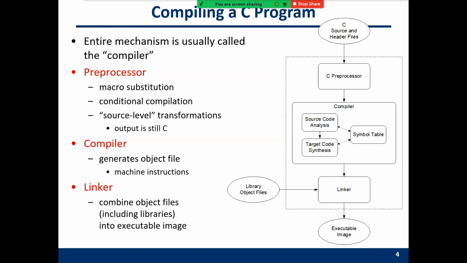And the linker can also help you to run some other functions provided by operating systems or other commercial libraries. For example, in your code, you can measure the timing by the function provided by the operating system.